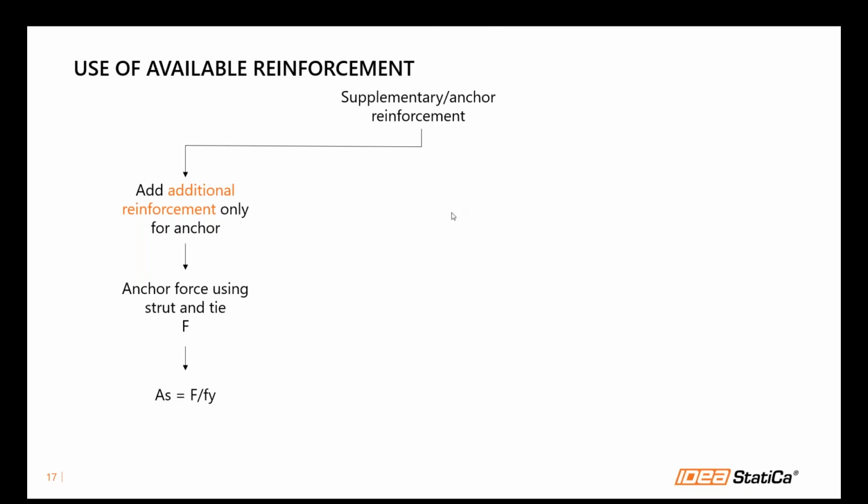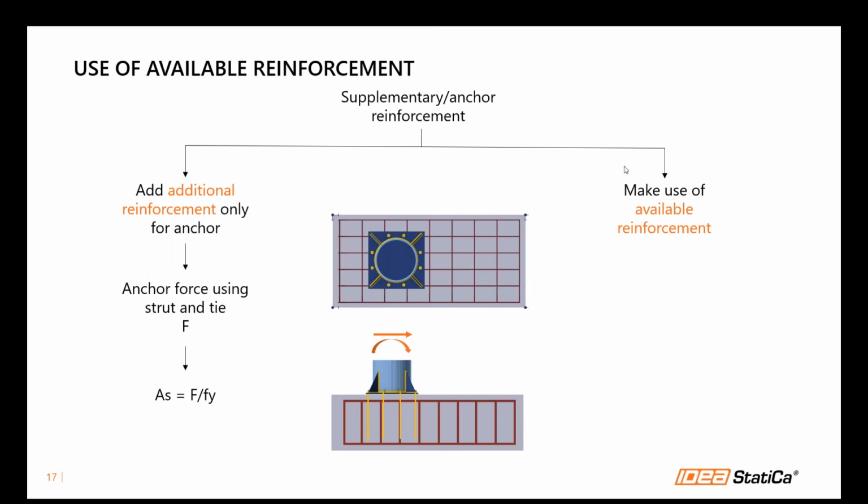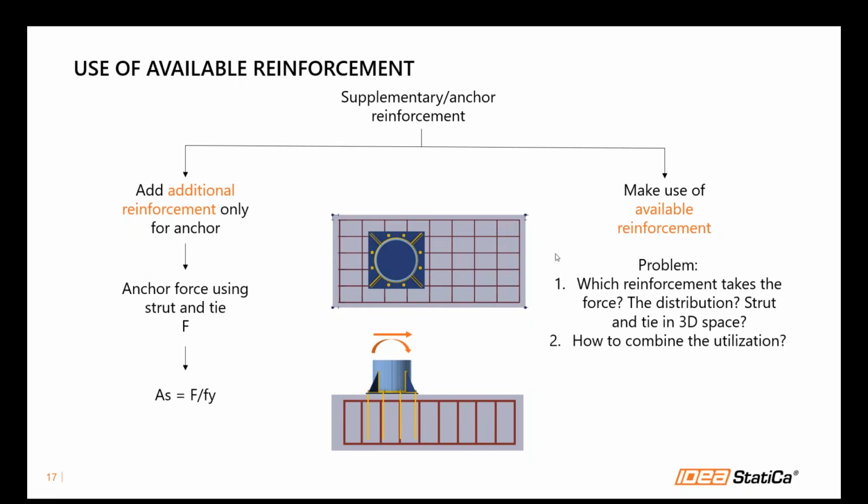But there's another way, which is to make use of the available reinforcement. Why is that? Because in our concrete structures, we already have our reinforcement. So it's a way of material and cost saving that you can use this reinforcement for the anchor breakout as well.